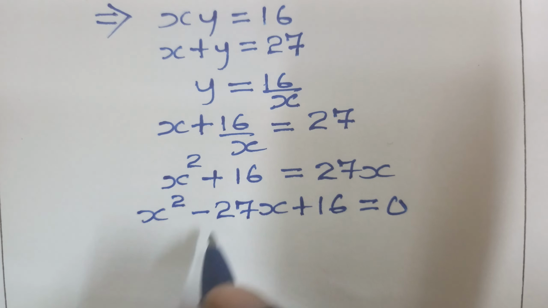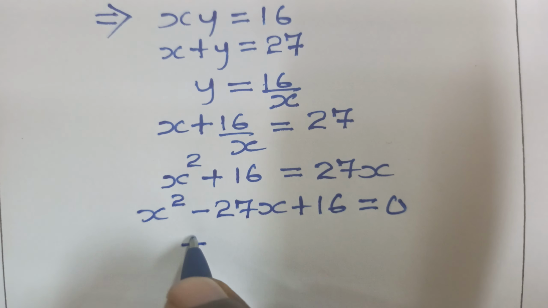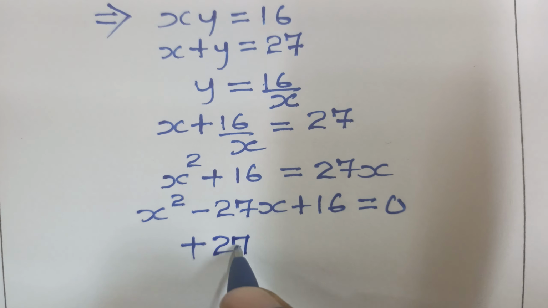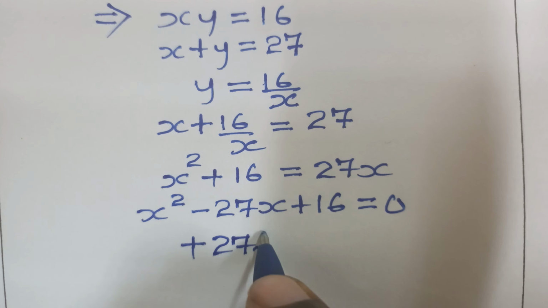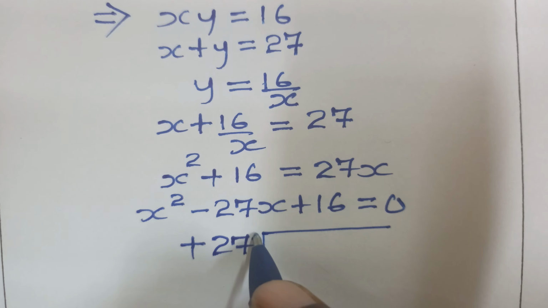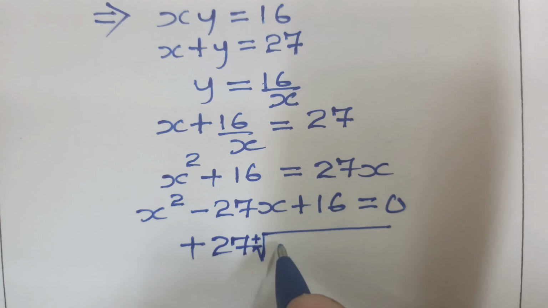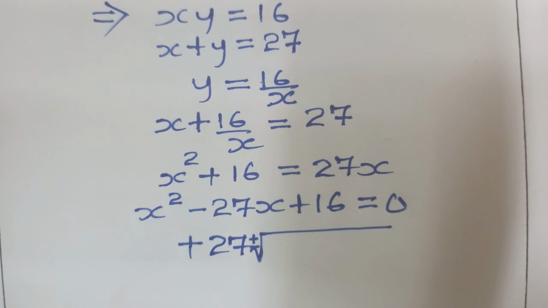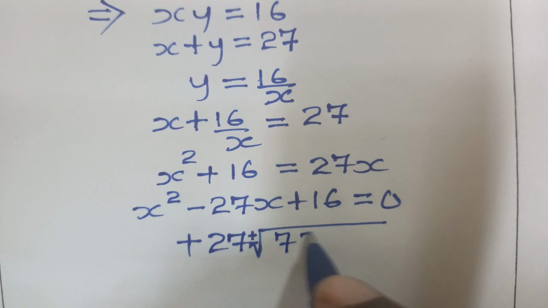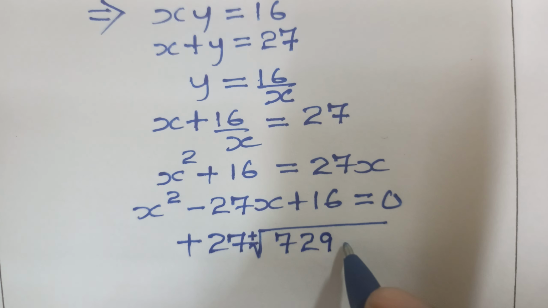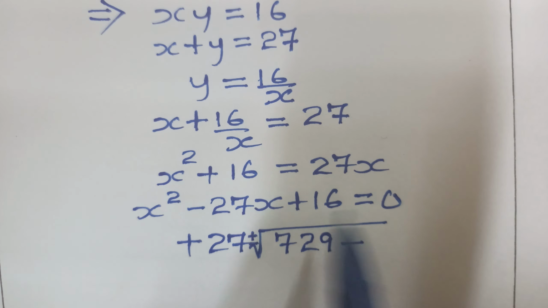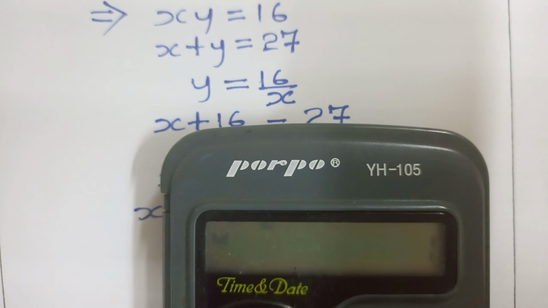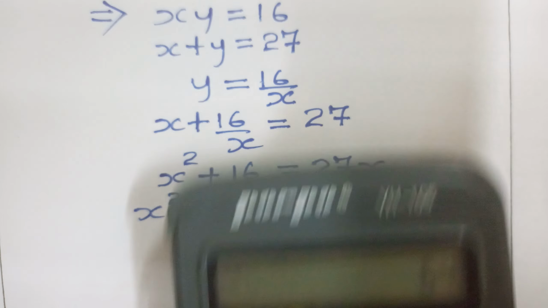Using the quadratic formula, we shall have minus b, that is plus 27, because of this minus it becomes a plus, plus or minus the square root of 27 squared, which we can find comes to 729, minus 4ac, that is 4 times 16. 4 times 16 comes to 64.